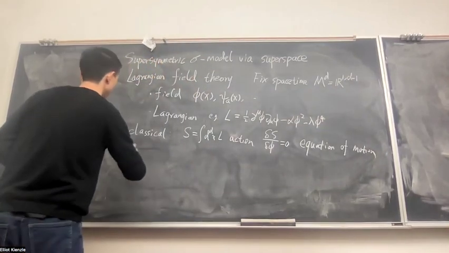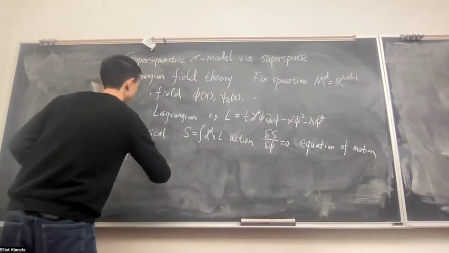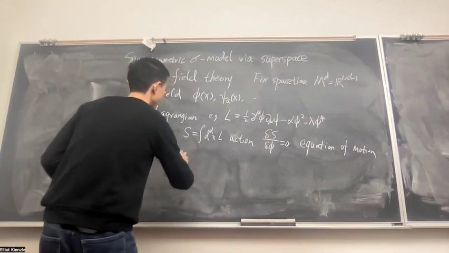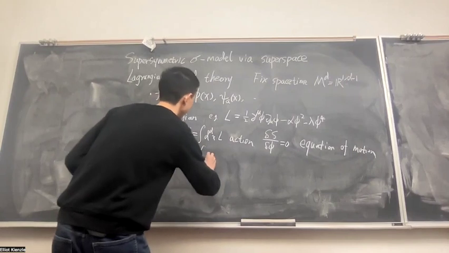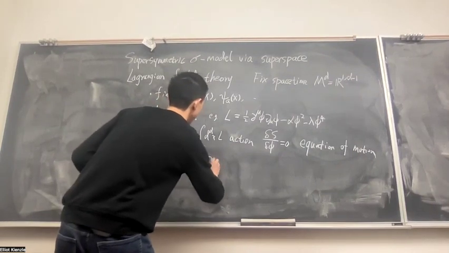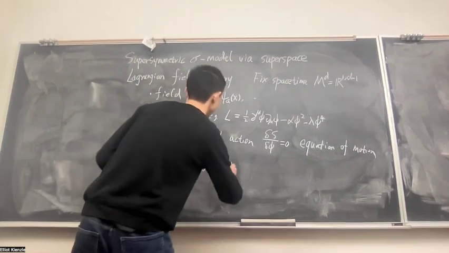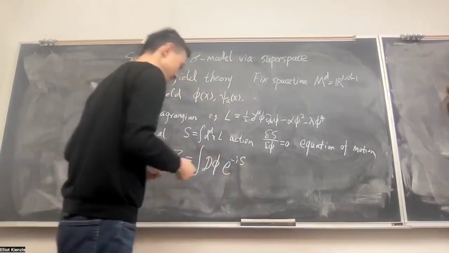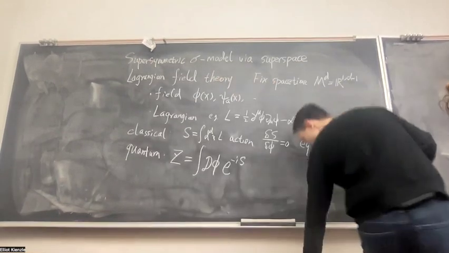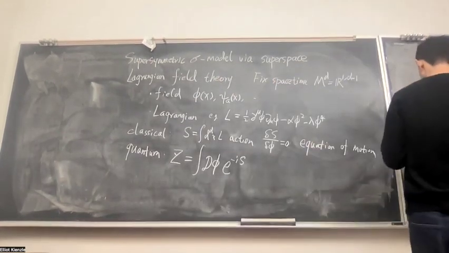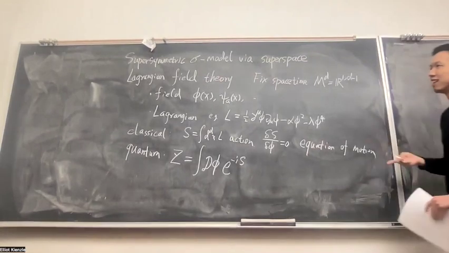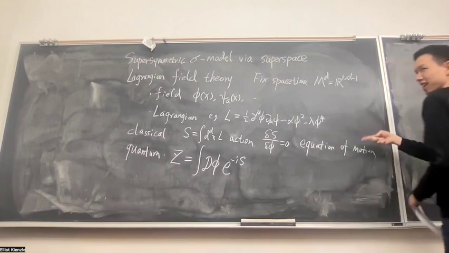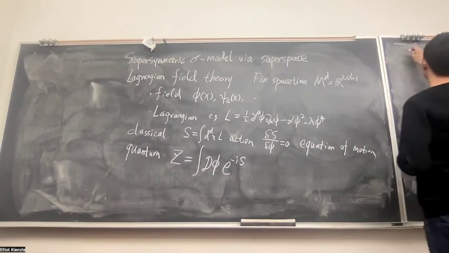And if you are doing quantum field theory, you look at the so-called partition function, which is the integration over all possible fields of e to the minus i S, where S is your action. Of course, in these examples I only have one field, but you can have more fields.